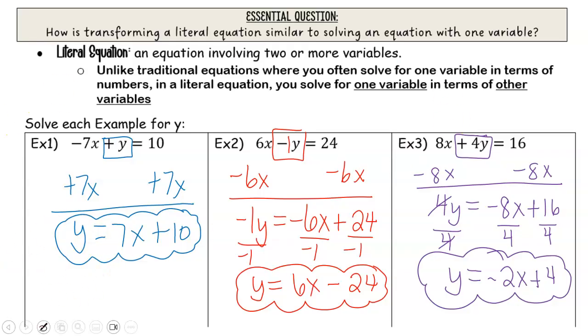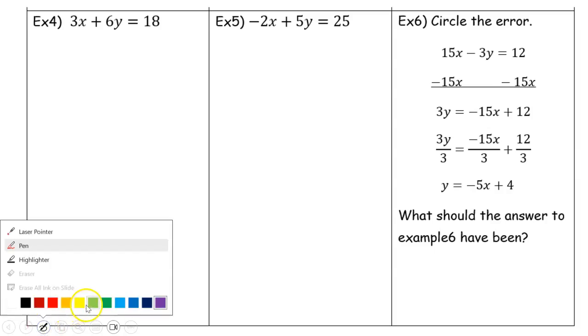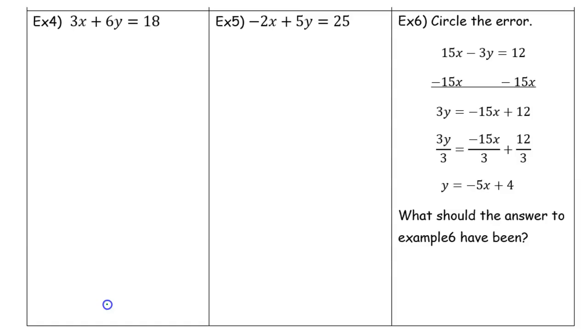All right, let's move on to the next. Okay, again, I am trying to isolate the 6y. So to undo that positive 3x, I'm going to minus 3x. That'll move it to the other side.